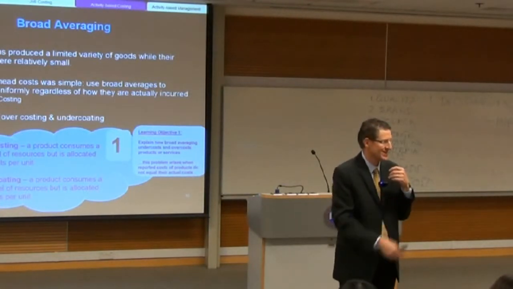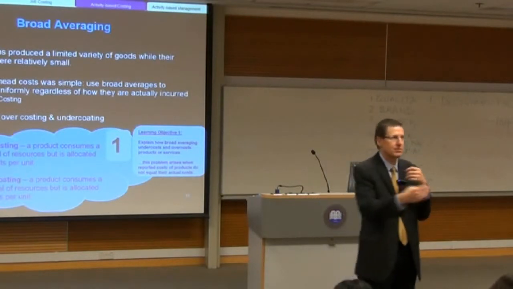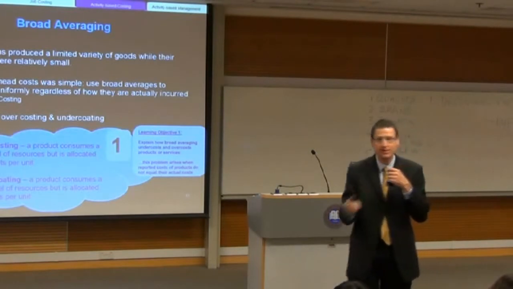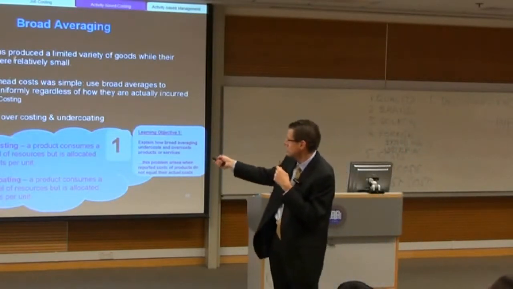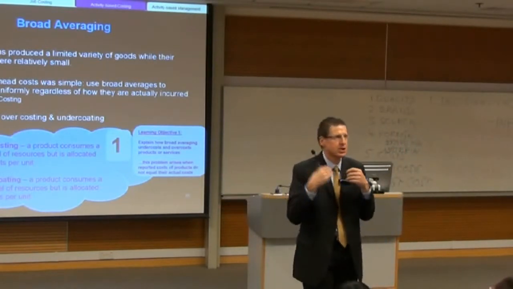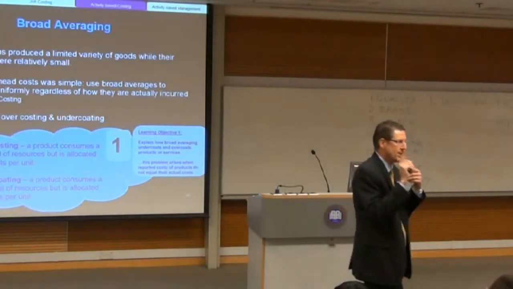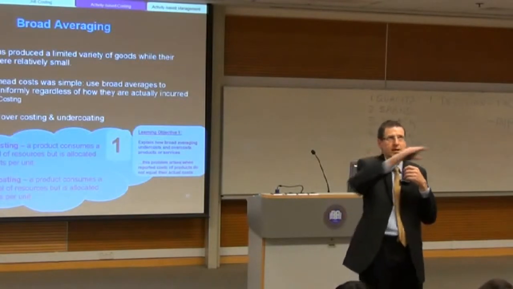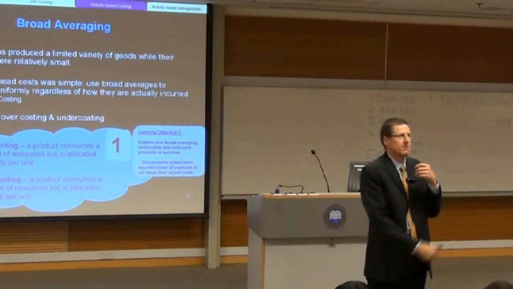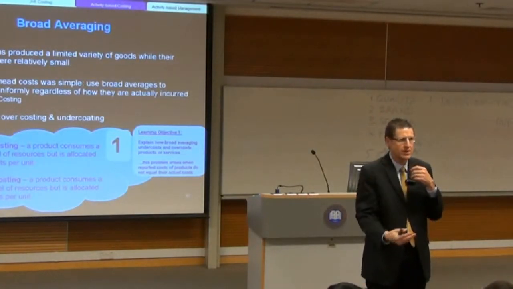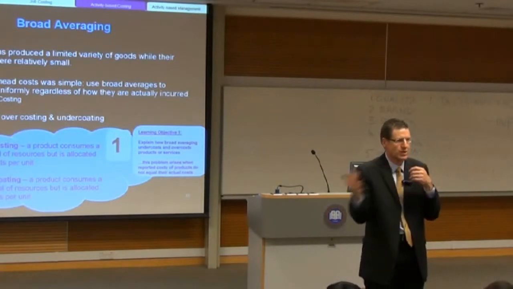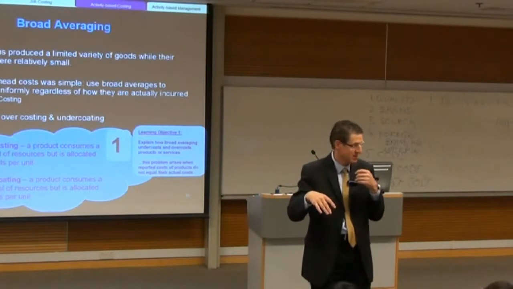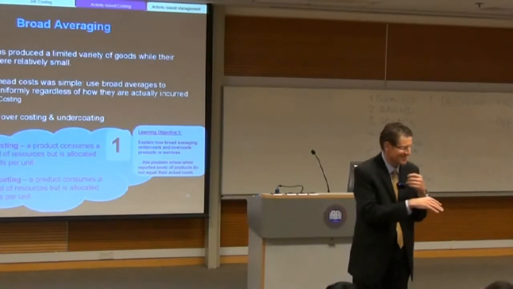Okay, allocation basics. We're going to look at a bit more detail about how we allocate costs in about week 4, week 5. But what you need to know now is that generally, if we try to use one basis to allocate indirect costs like electricity, like the investment in the whole factory, like investment in machinery, across all products, some products are going to be allocated more than they should, and some will be allocated less, right?